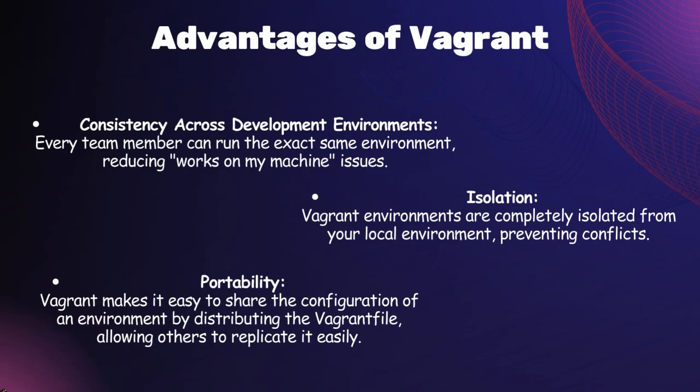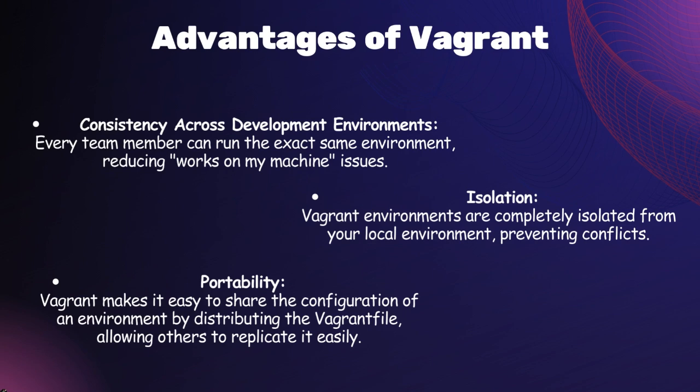Now we move to the advantages of Vagrant. First of all, consistency across development environments. Every team member can run the exact same environment, reducing the "works on my machine" issues. Isolation: Vagrant environments are completely isolated from your local environment, preventing conflicts.